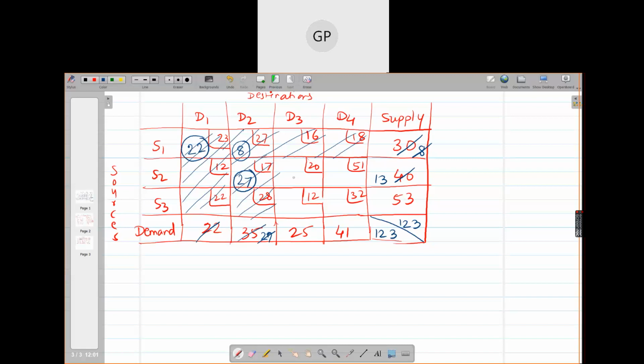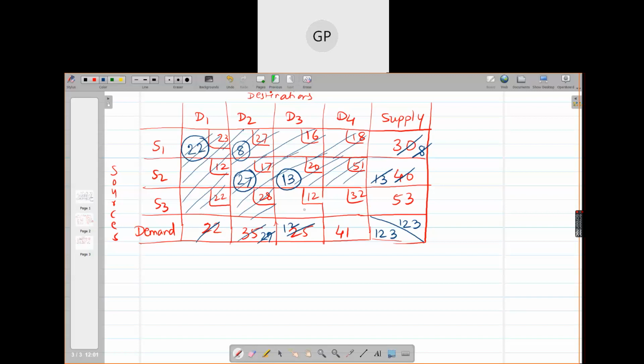Next. Which cell? S2 D3. How many units? 13 units, because only 13 are available. So we can't do more. So this source is over now. The supply of this source is finished.